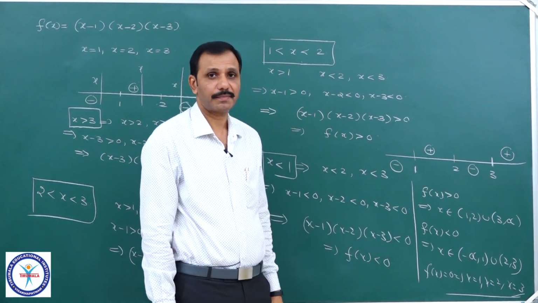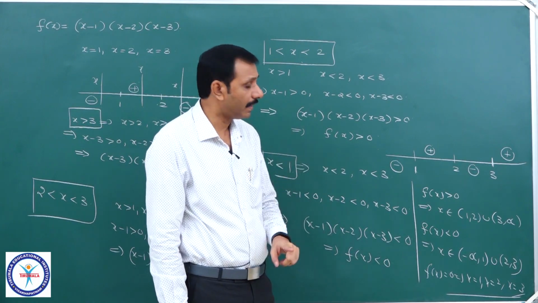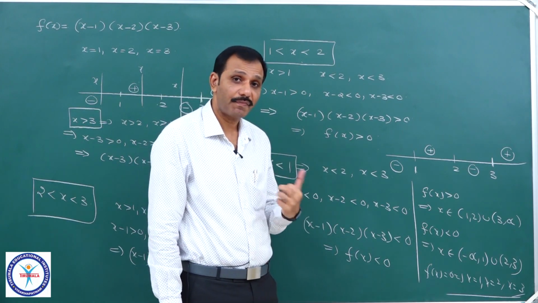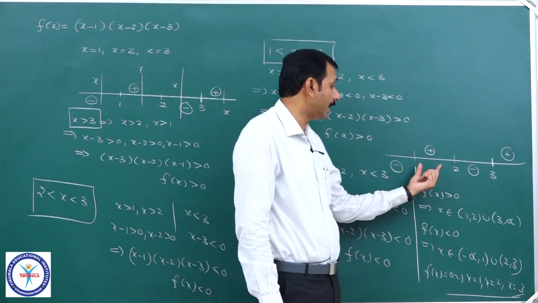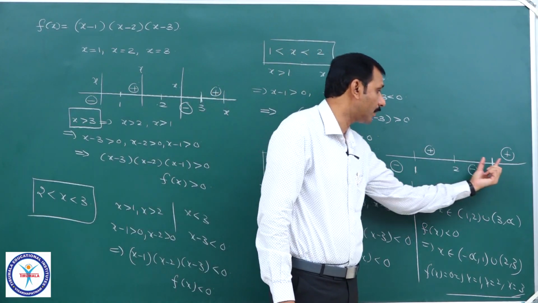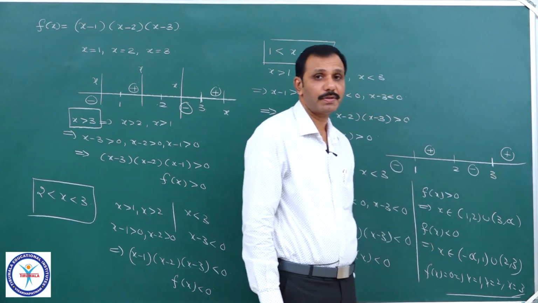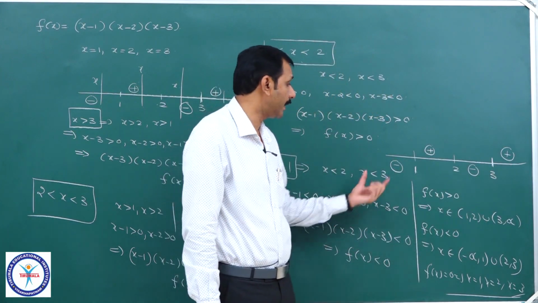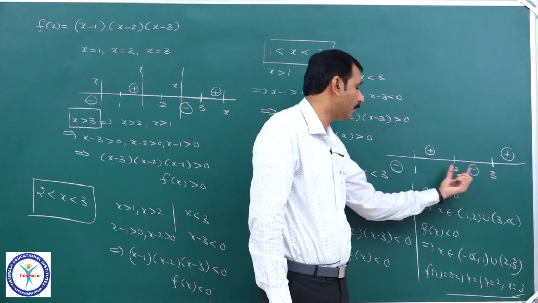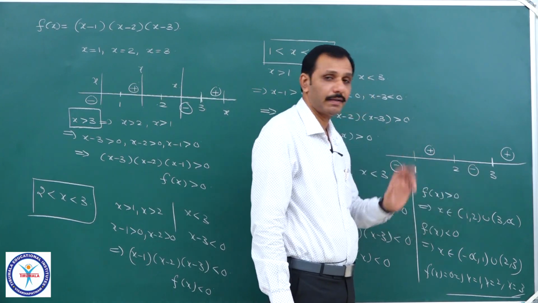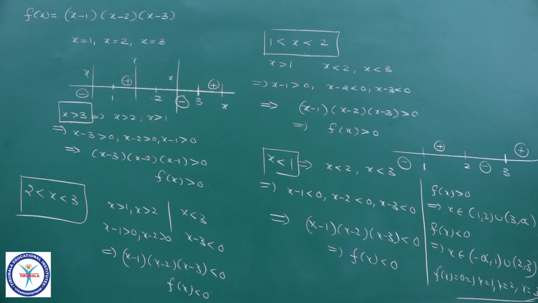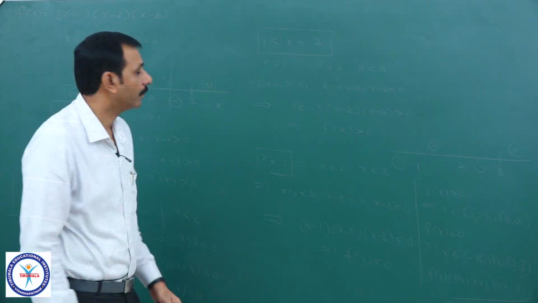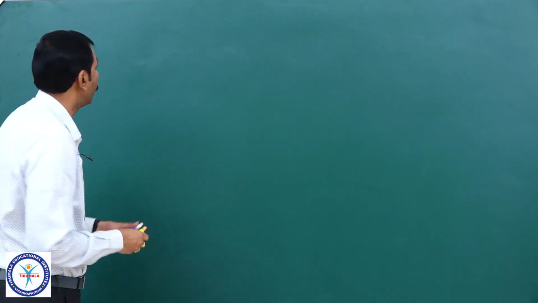Now write the intervals where f of x is positive and where it is negative. Here it is positive between 1 comma 2 and 3 comma infinity, and negative for minus infinity to 1 union 2 comma 3. We will see one more problem.